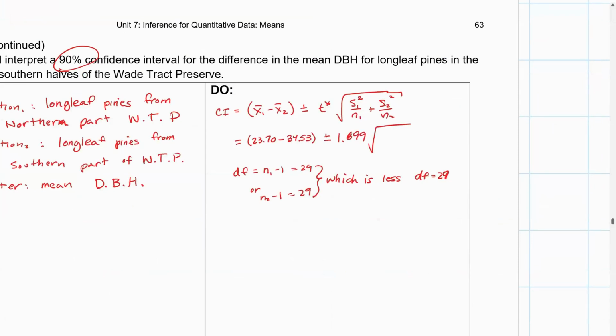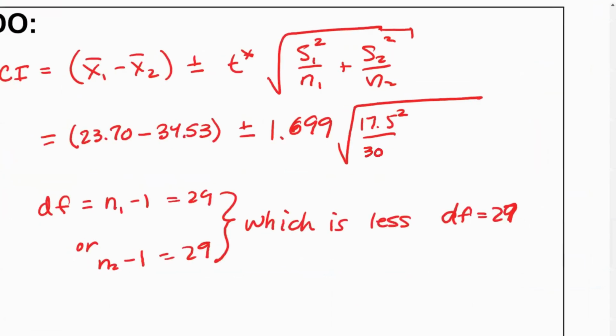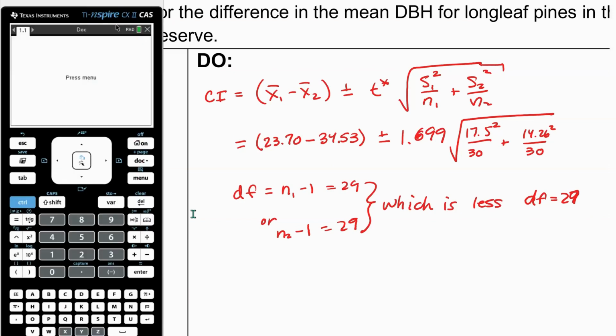1.699 times the square root of 17.5 squared over 30 plus 14.26 squared over 30. And that should be enough for us to be able to go to the calculator and calculate that confidence interval.